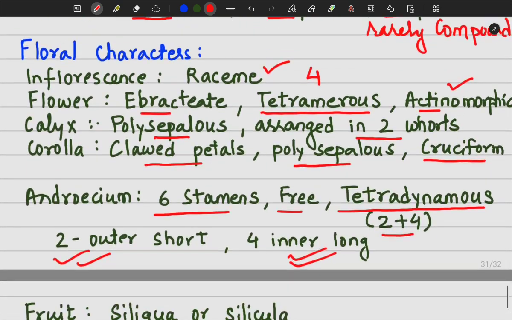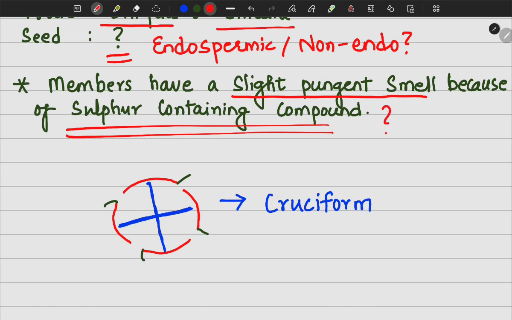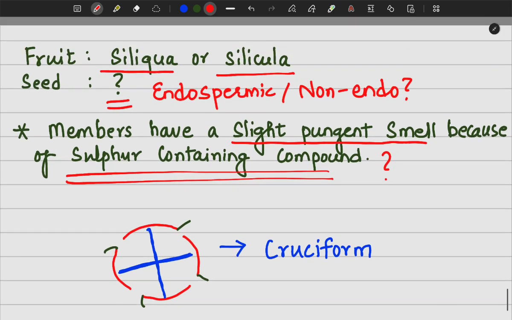That taste is because of a sulfur containing compound in them. Because of this sulfur containing compound, these plants possess a slight pungent smell. Now, can you name this sulfur containing compound? If you know or can find out, please write down the answer in the comment section.